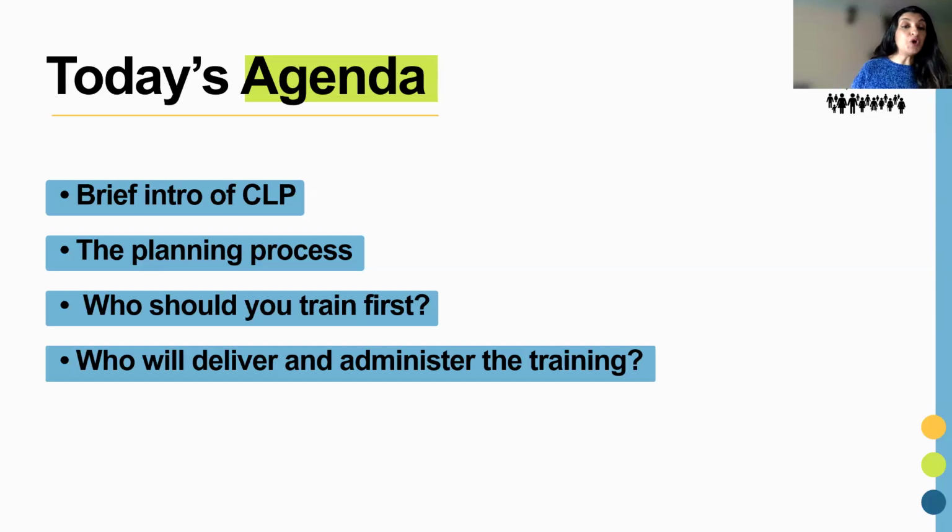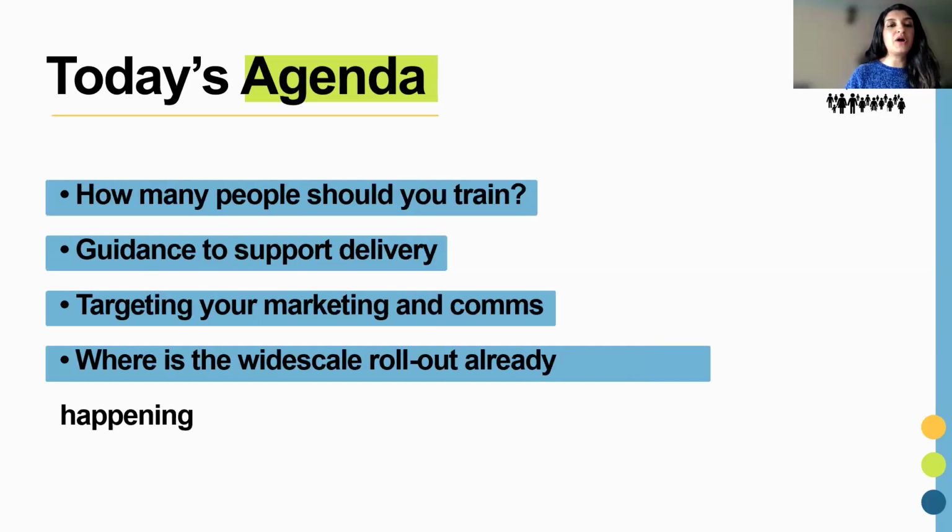We'll be looking at who will deliver and administer the training and why that's important for consistent training as well. We'll be looking at how many people you should train and how you can better plan this to start on your CLO pathway journey, to think about your long-term carbon literacy training strategy to gain your bronze, silver, gold or platinum badge. And we'll be touching on that in a while.